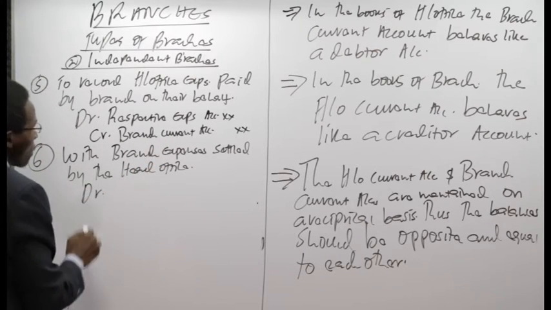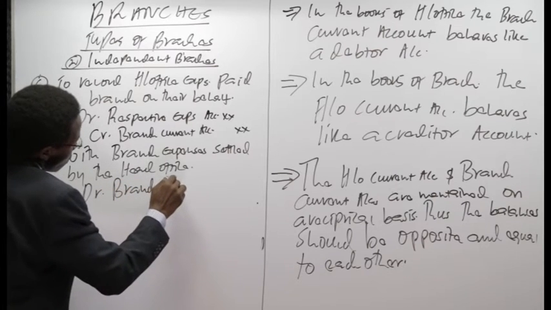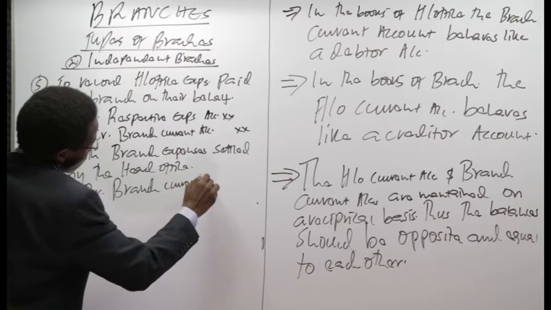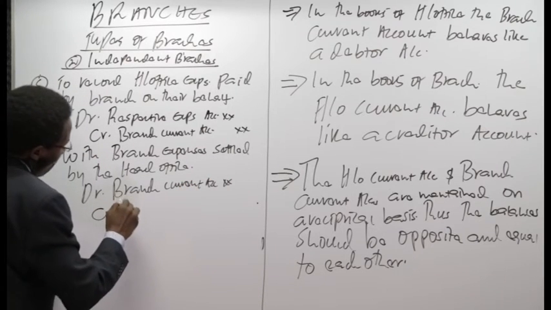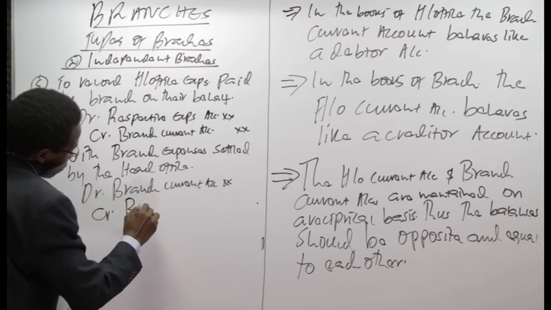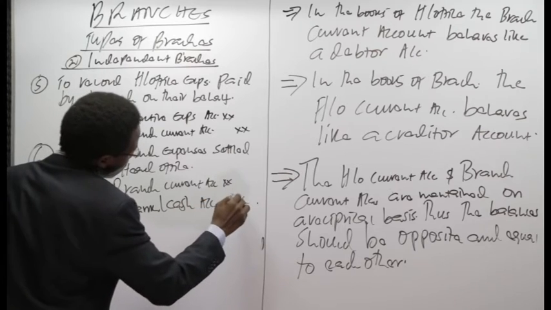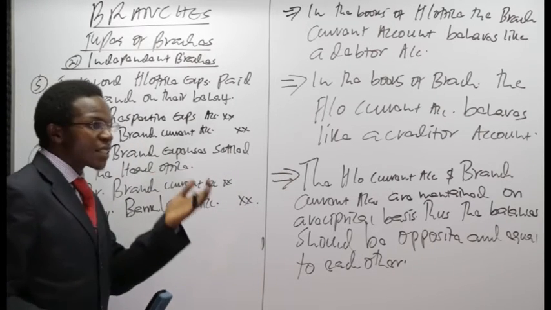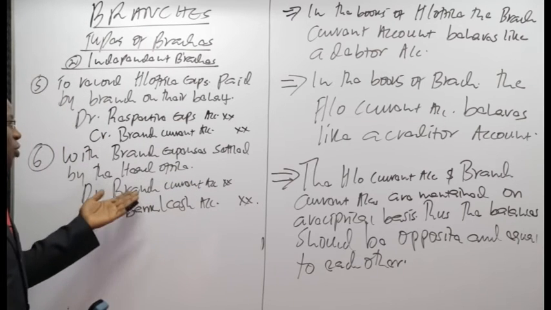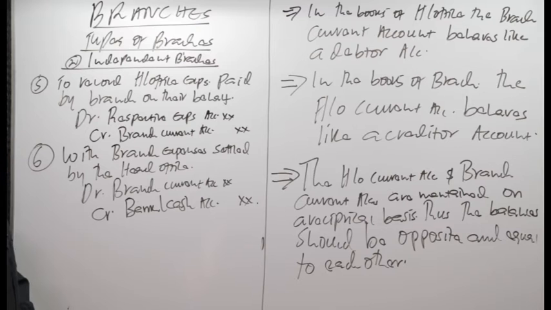We are going to debit the branch current account, we credit our bank or cash account. That's what happens. If the branch expenses are settled by the head office, you debit your branch current account, you credit your bank or cash account. That's exactly what you do.